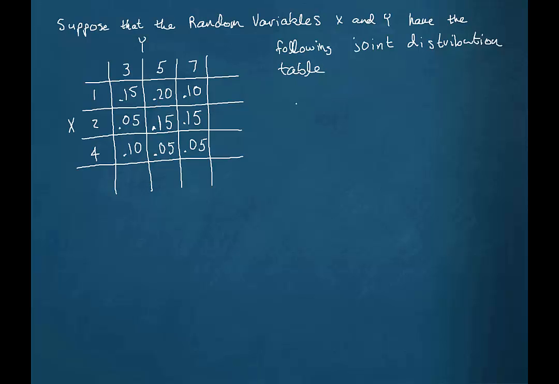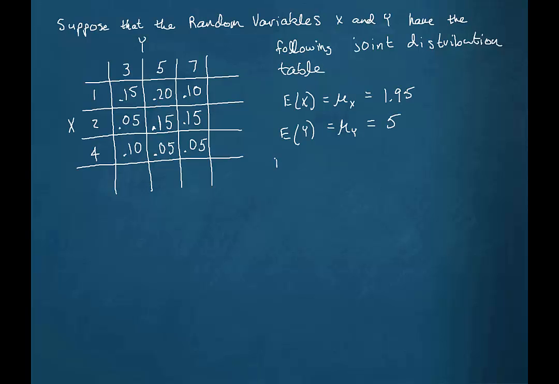In the last video, we used this same distribution, and we found that the expected value of x, which is also the mean for the random variable x, to be 1.95. We found the expected value of y, which is also the mean for the random variable y, to be 5.